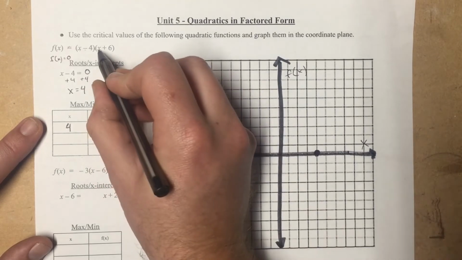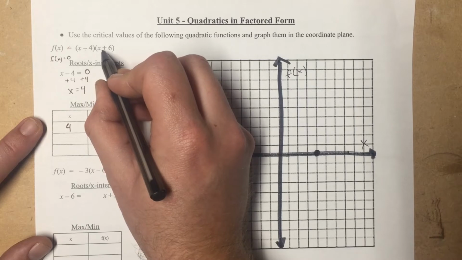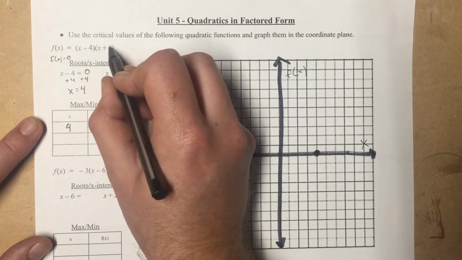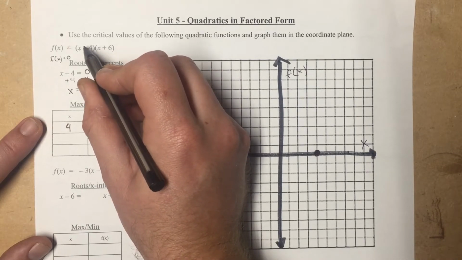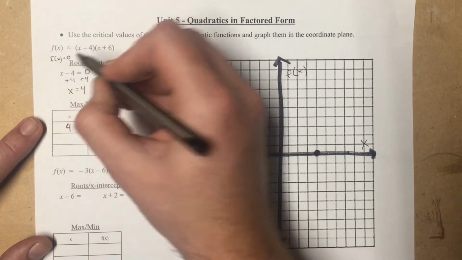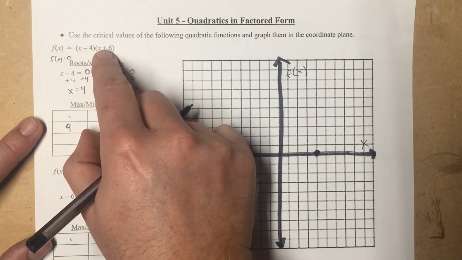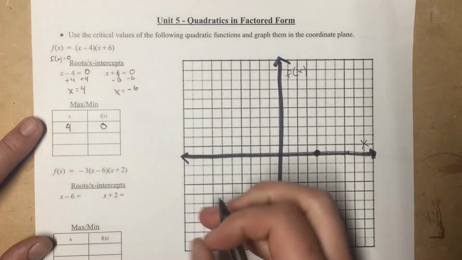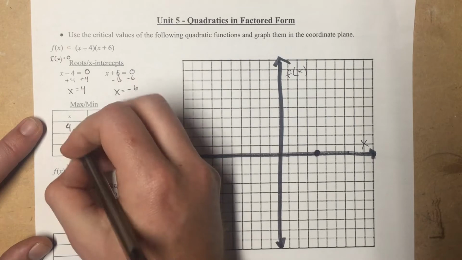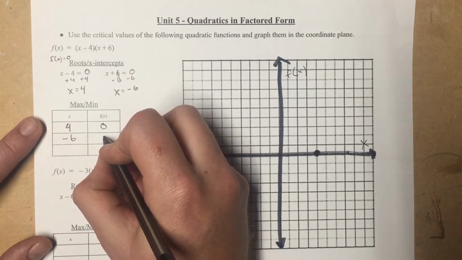So if I plug in negative 6, negative 6 plus 6 will make a 0, and 0 times anything here will make 0. That's what we're going for. We're trying to make f of x equal to 0. So if I can make a 0 here or make a 0 here, that's good news. So when x is equal to negative 6, I know f of x is going to equal 0 as well.